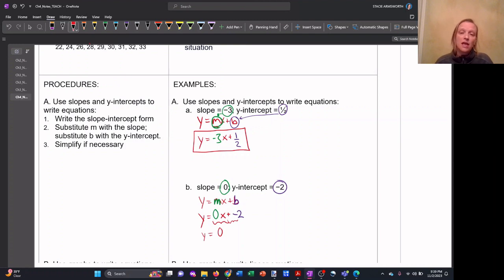Adding a negative is the same as subtraction. So really what I have here is 0 minus 2, which of course equals -2. This is the simplified version of my equation. And as you can see, since there's no x value here, this will represent a horizontal line.